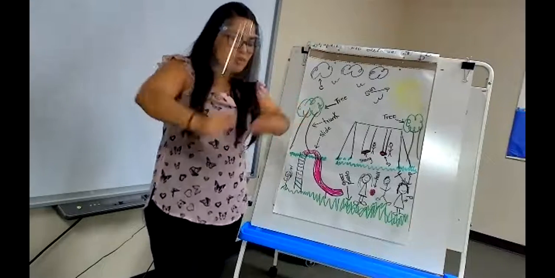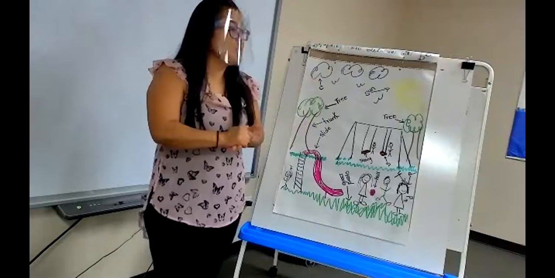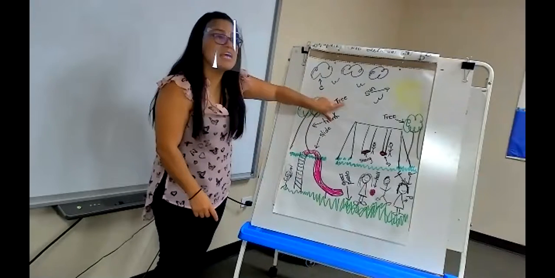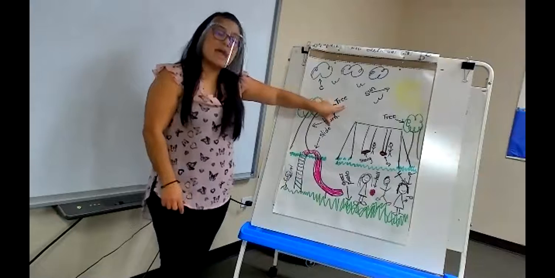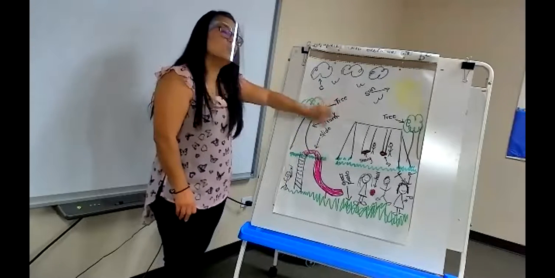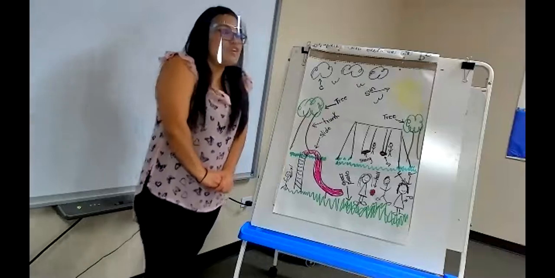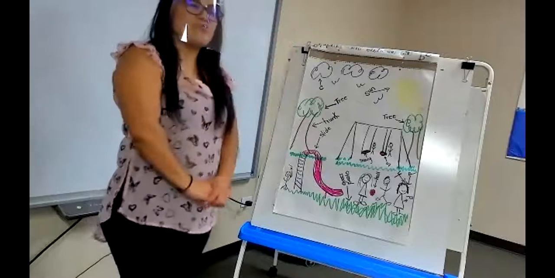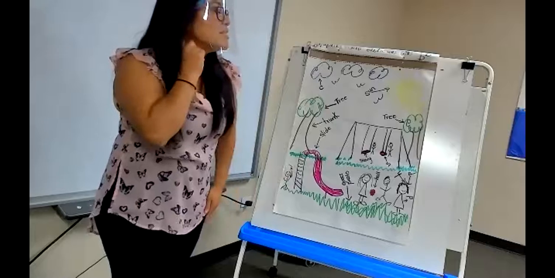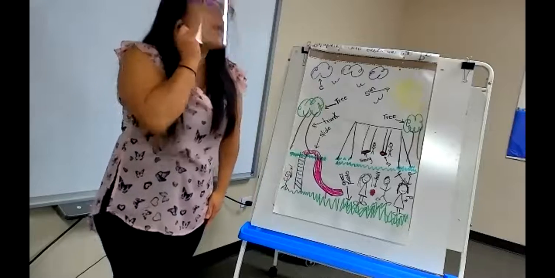We're going to draw your story, and after you're done drawing your story, you're going to do labels. You're going to put an arrow and then label what it is. That way you put that information for the reader who's going to read your story. And then you're going to share all the labels that you wrote down. And remember, if you don't know how to write the whole word, you can just listen to the beginning sound of that word and just write that letter.